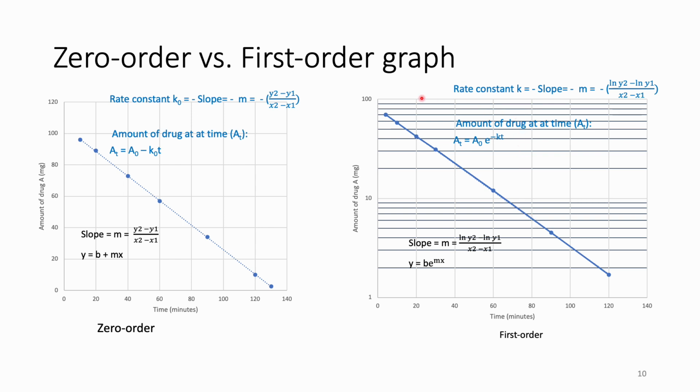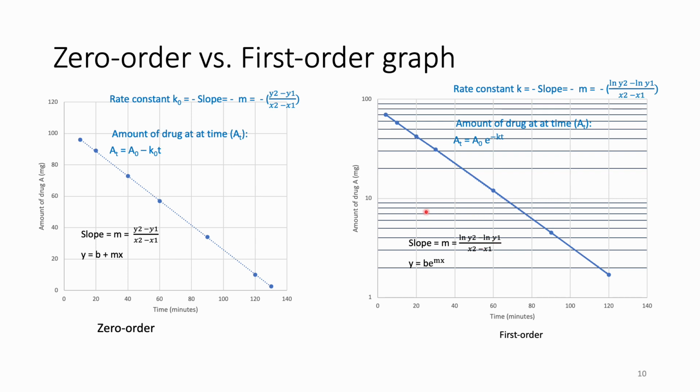So for a drug that follows first order kinetics, from the semi-log graph like this, the slope is calculated using this equation, y equals b times e exponential of m x, where m is the slope and b is the intercept. The slope is calculated by natural log of y2 minus natural log of y1, divided by x2 minus x1.